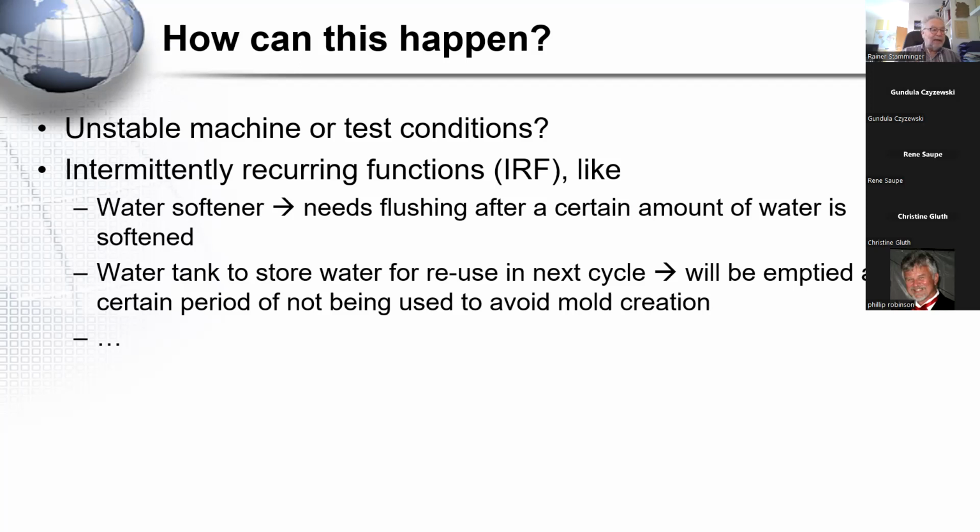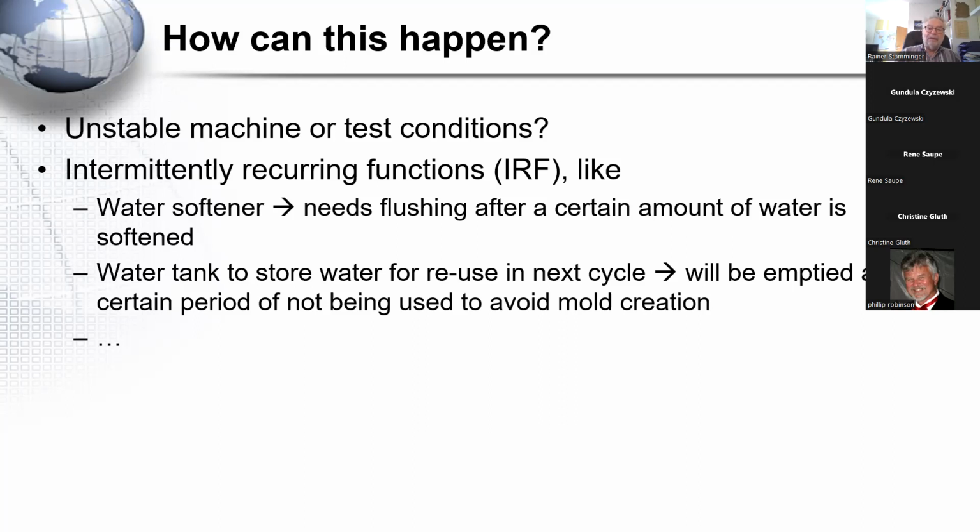And therefore, it's not happening at each cycle. It's happening after a certain amount of water intake, or however it is programmed in the program of the machine. So this is one of the intermittently recurring functions which we have already today.